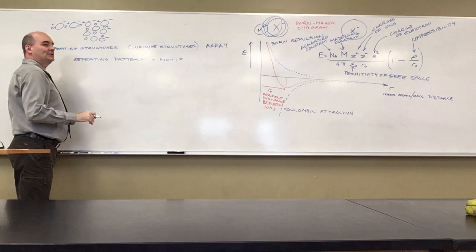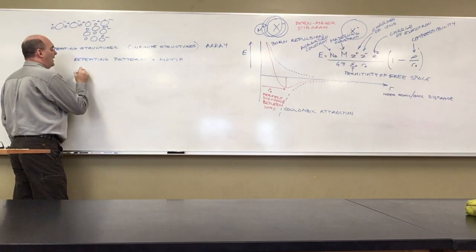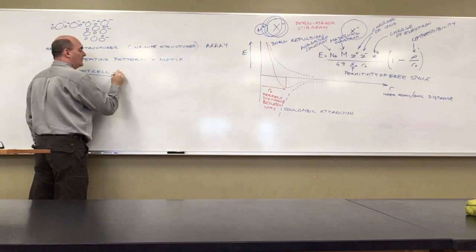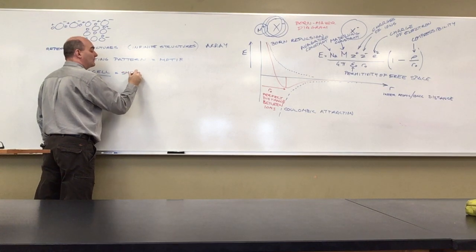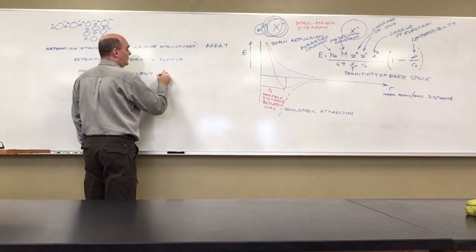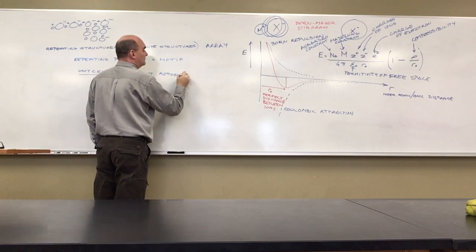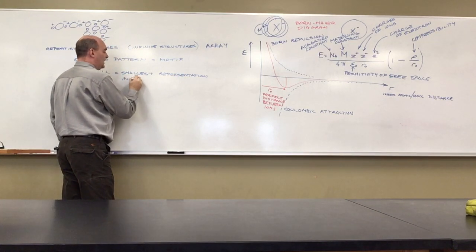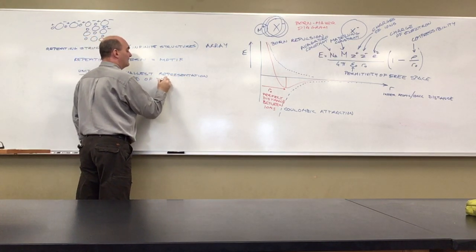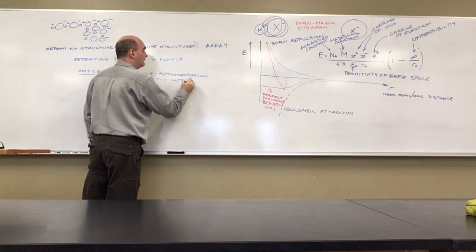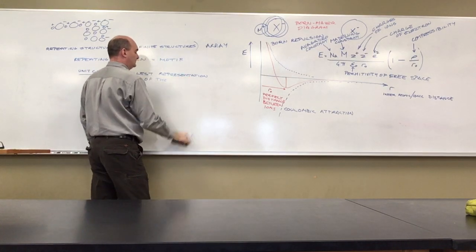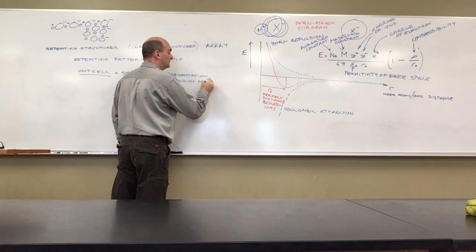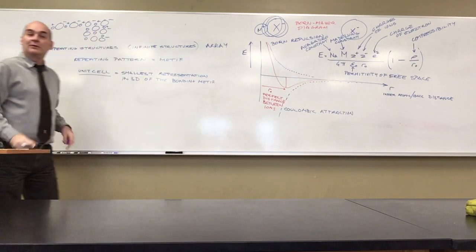My repeating pattern is a motif. And all I need to show you is something called the unit cell. And the unit cell is the smallest representation in 3D of the bonding motif. Okay, let's run through a few.